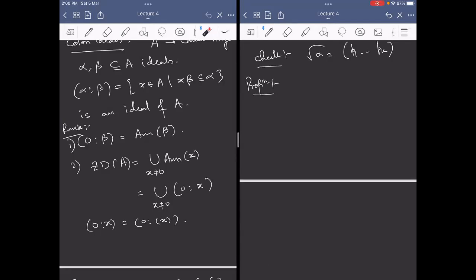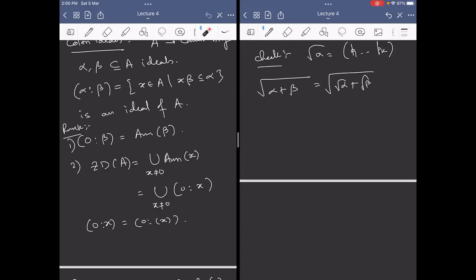We have seen in an earlier lecture that the radical of alpha plus beta equals the radical of the sum of radical alpha and radical beta. So we have this result in general.